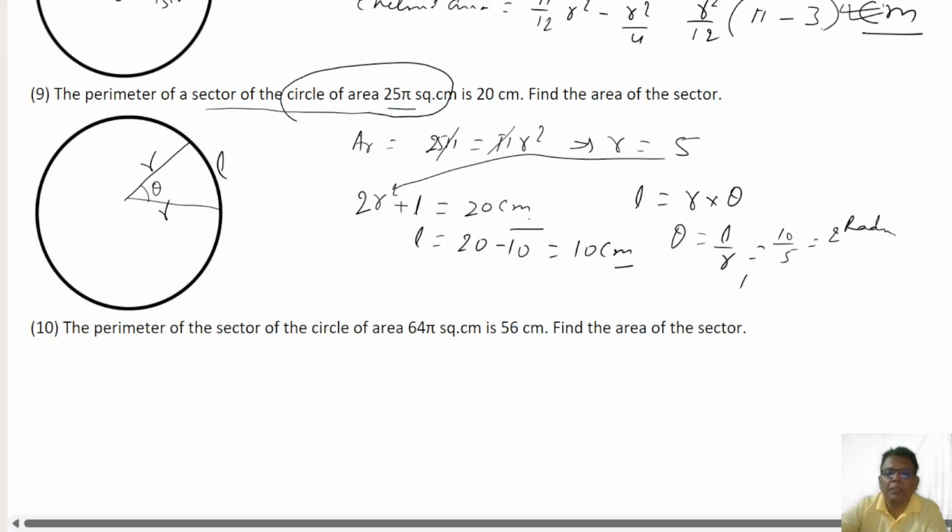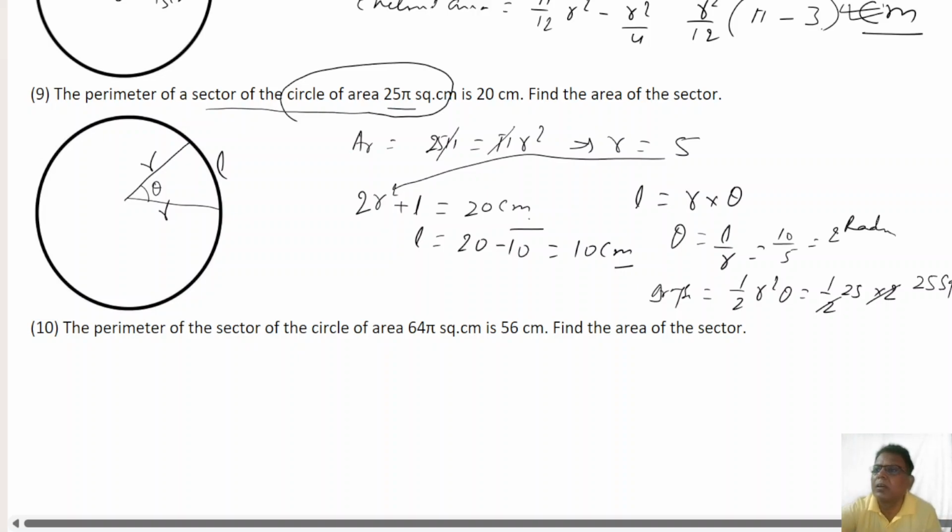Then the area of the sector is half r square theta. So half into 25, theta is 2, the 2s cancel, then it will be 25 square centimeter.